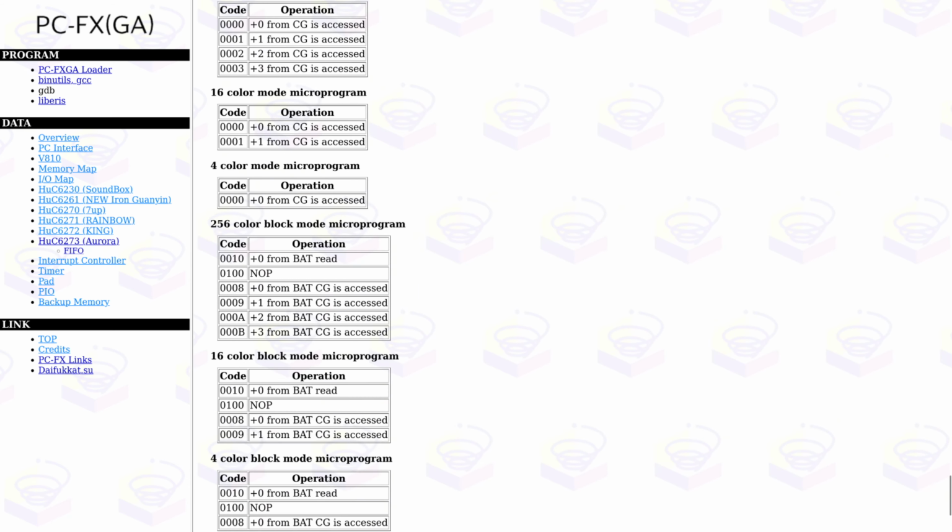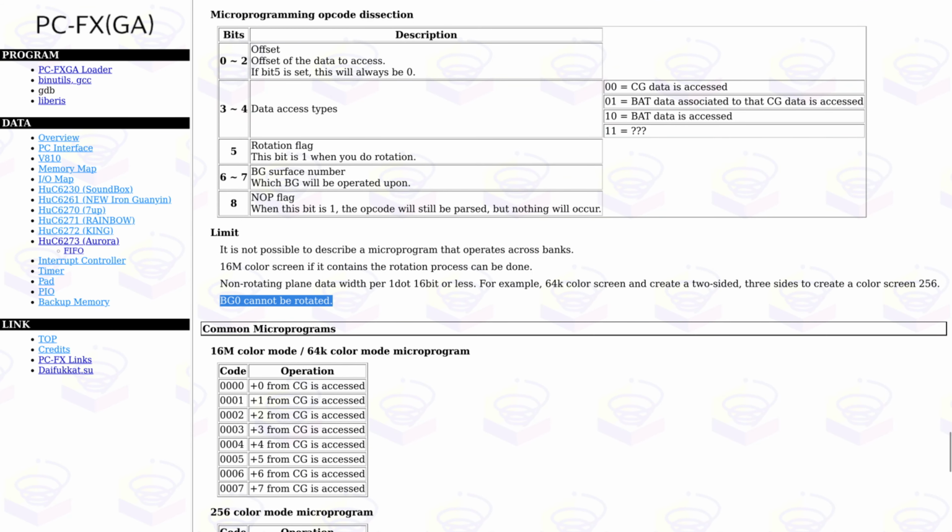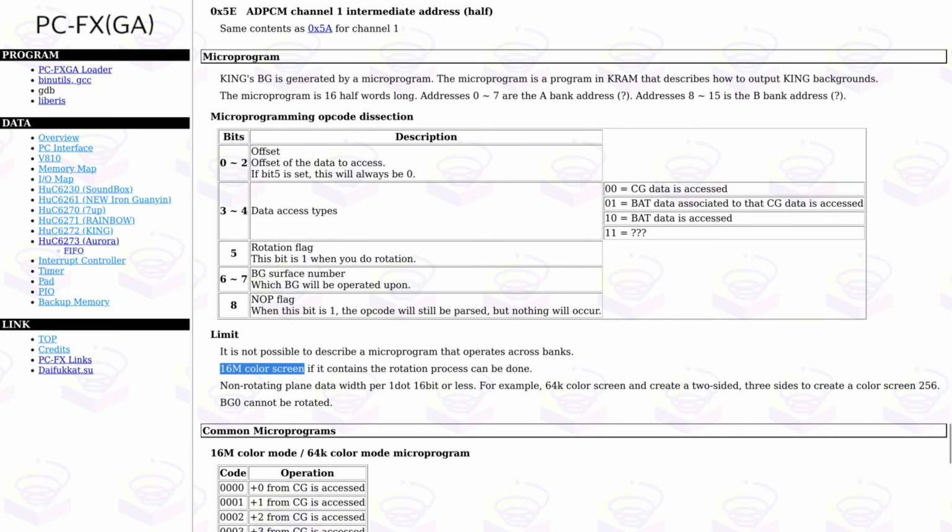Then it says BG0 cannot be rotated, but that is absolutely false because then it contradicts itself seemingly by stating that the 60 million color screen can be rotated. The issue is that if you use this color screen mode, you don't have enough space for more backgrounds. You are strictly restricted to BG0 for that reason. Just mind blowing. But this is a machine translation.